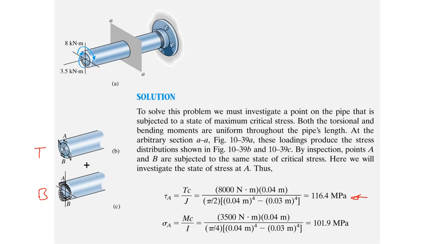For bending, we know that the maximum bending stress will be at A or at B. So sigma A is M c over I, and we will get 101.9 megapascal.